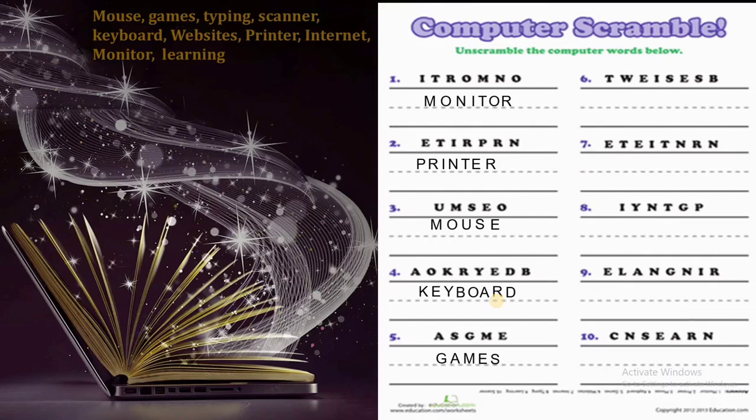Now come to the sixth number. TWEISESB. Now you have to compare this with the options, and find in which word WEBSITES comes. First I want WEB. Now see the option websites. Correct? Websites.